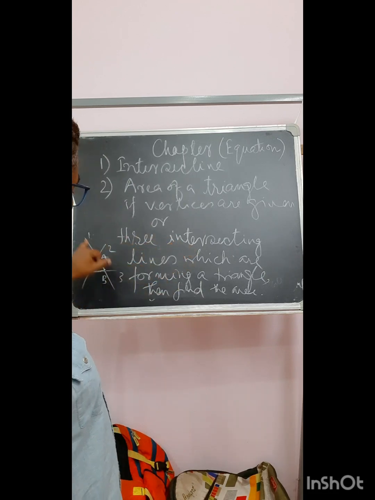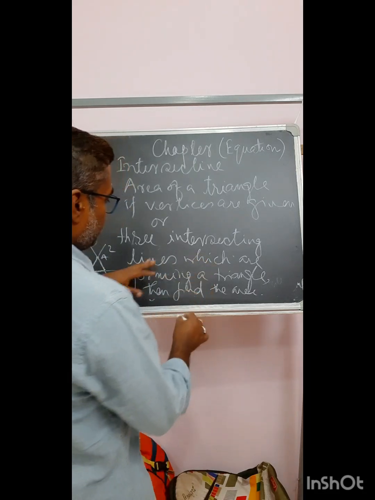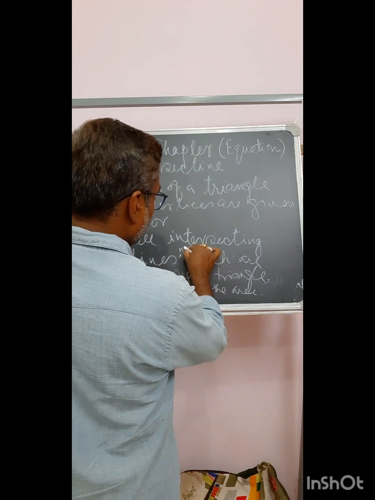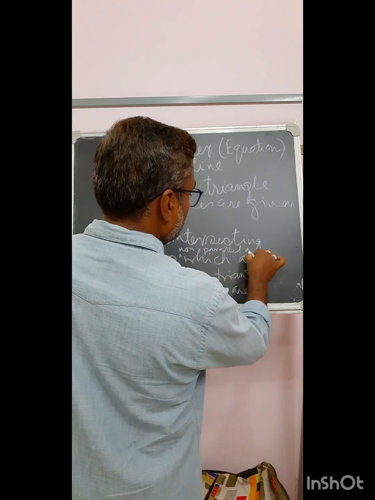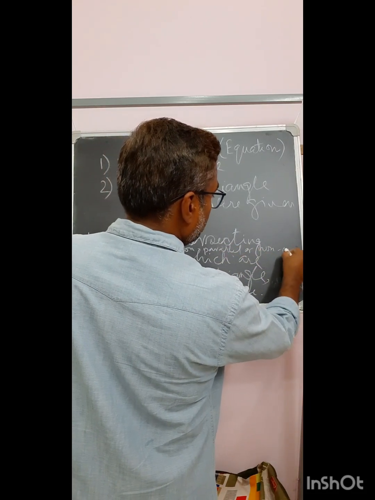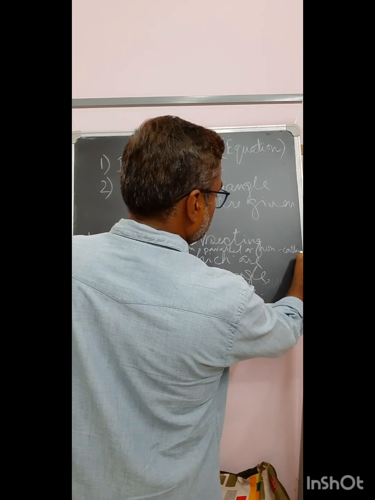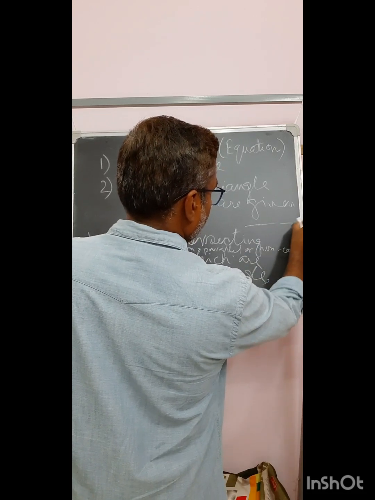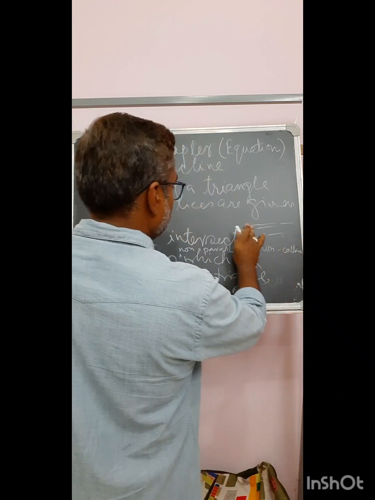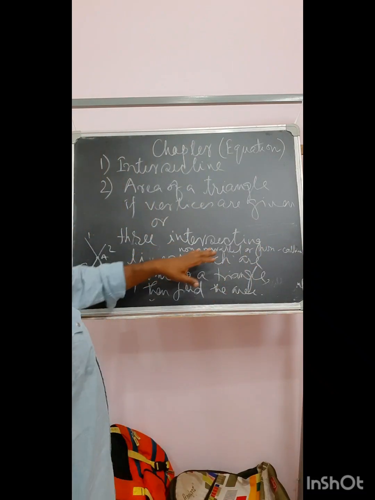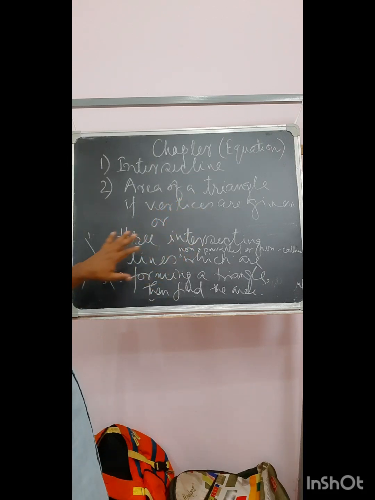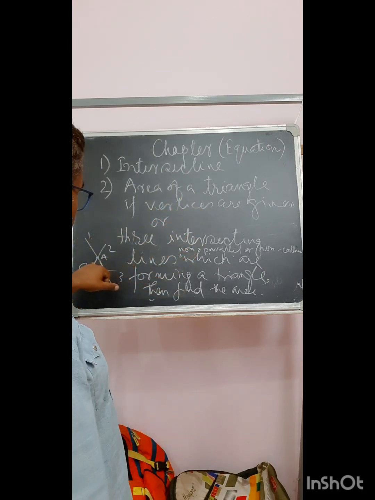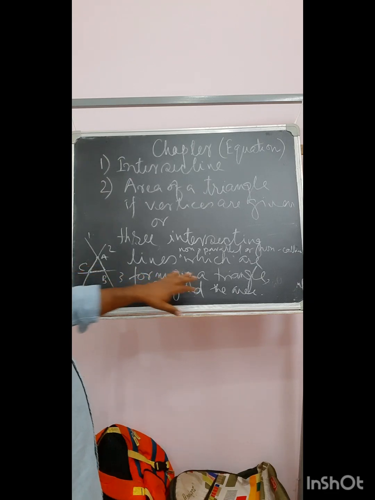And the second thing, three individual lines which are intersecting lines, that means these are non-parallel or non-collinear. Other than these two conditions, all lines should be intersecting, and such three lines which are intersecting and forming a triangle, find the area of that.